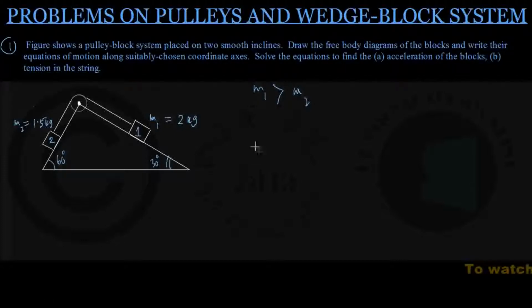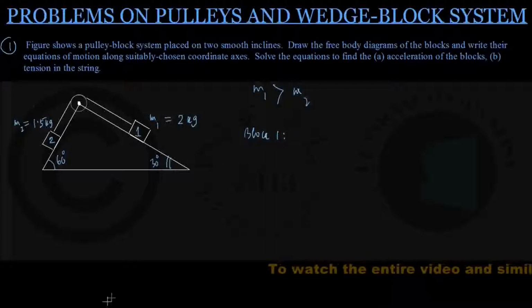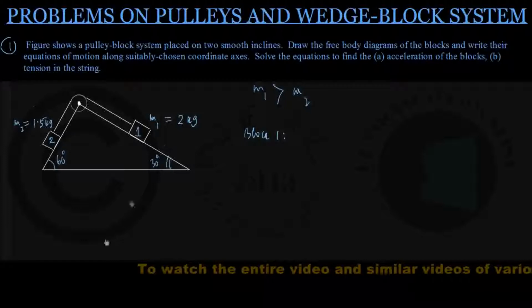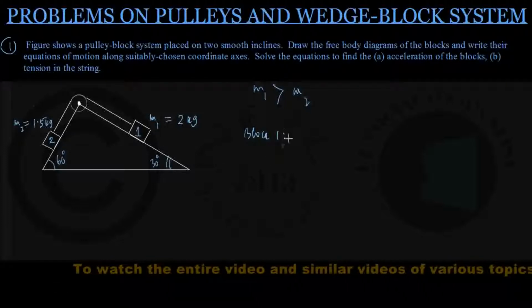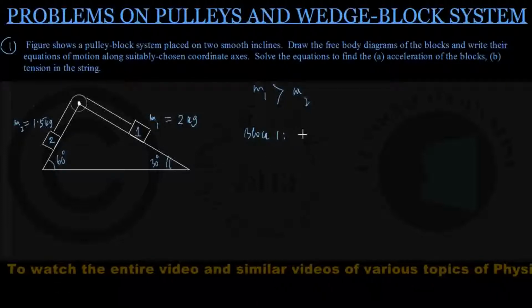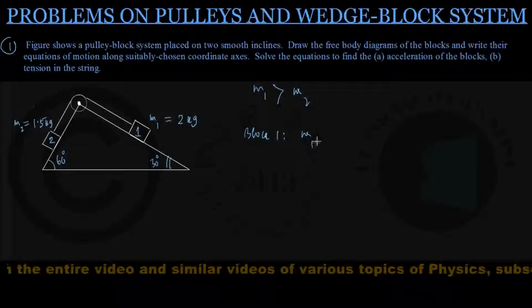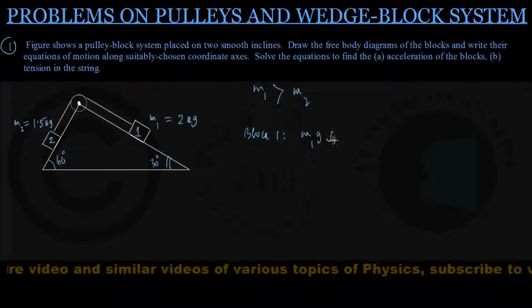So let me write it. In the case of block 1, the driving force that tends to drag the block down the incline is a component of m1g, and that is actually m1g sine 30 degree.